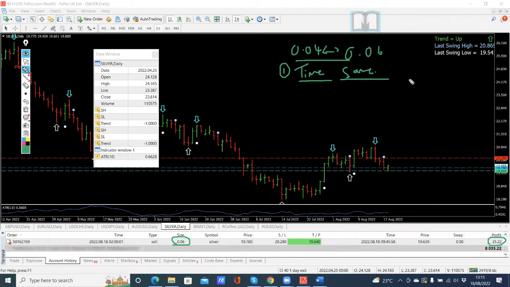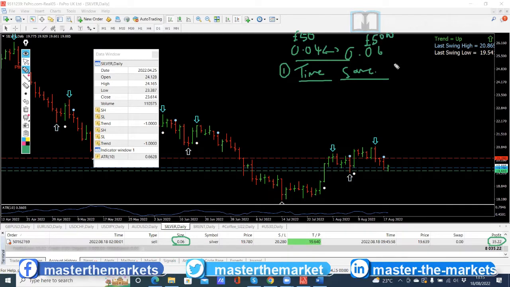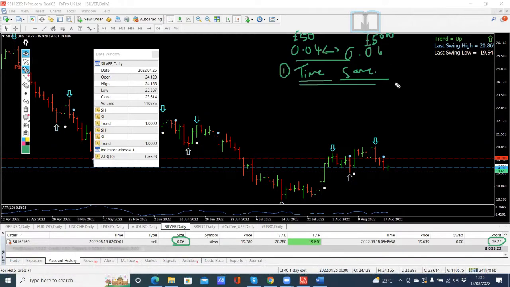Time was the same. But in the same amount of time, on one account you made a little bit less than the other. It could even have been that over here you made £50, and on another account you made £5,000, 100 times more, but the time was the same.